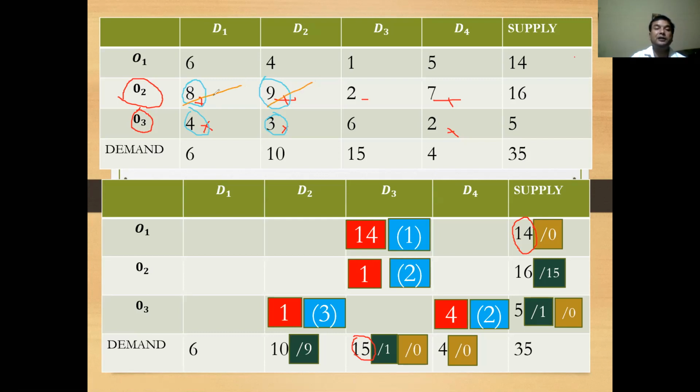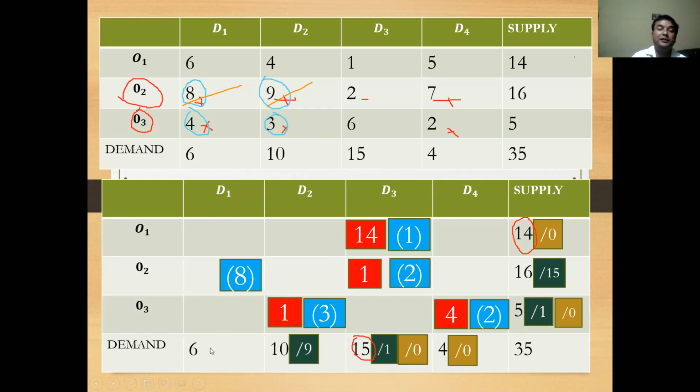After thinking of this 8 and 9, what is the minimum cost out of these? 8 is the minimum cost, so let us bring 8. Then what is the maximum possible number of items that can be supplied to destination 1 from origin 2?